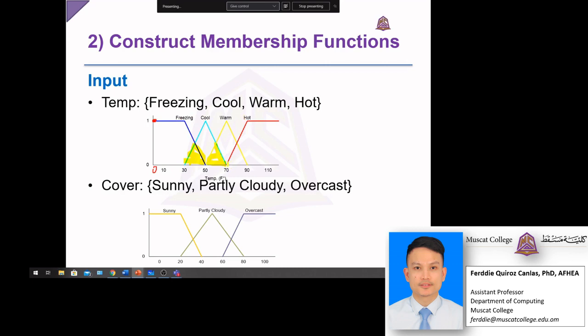Then for hot, we have 70 and 90 here. It is the same with the cover for sunny. For sunny, you will see from 0 up to 40 we have sunny here.